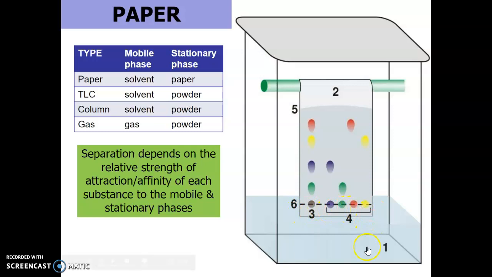And over time the solvent moves up the paper, and you start to see these different coloured spots as it moves. And eventually it gets to, well, don't go to the top, but stop about 1 or 2 centimetres from the top. And there you get what's called the solvent front. That's where the solvent has moved up to.